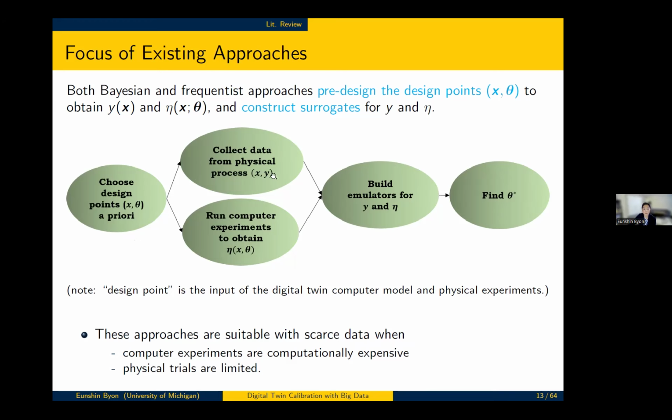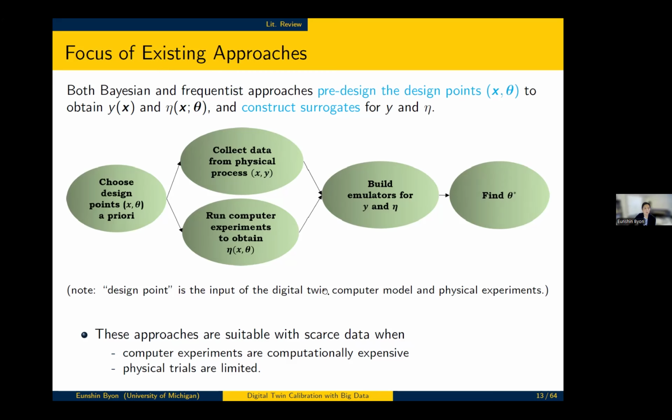They collect data from the physical process. They can do physical experiments, and they run computer experiments to obtain the response from the digital twin model. Once they collect data, they build emulators for Y and eta, and then they find theta. So these approaches are suitable when data is scarce.